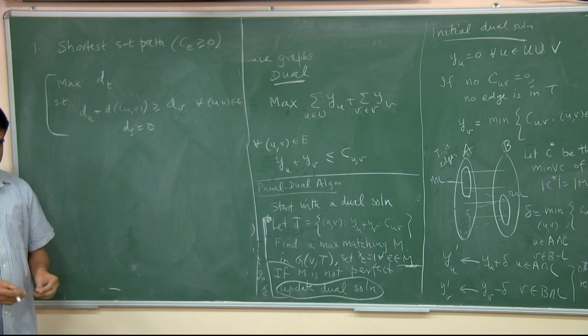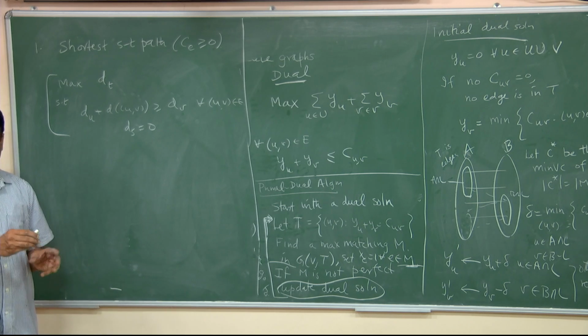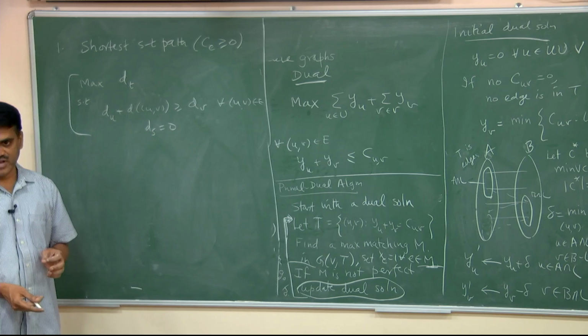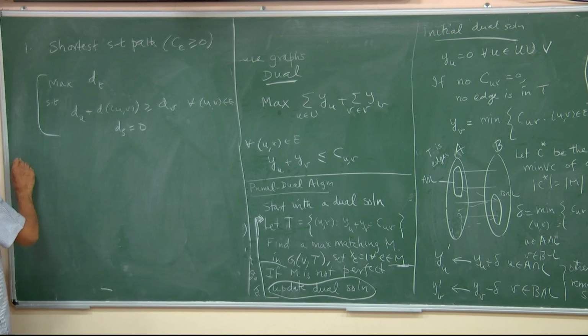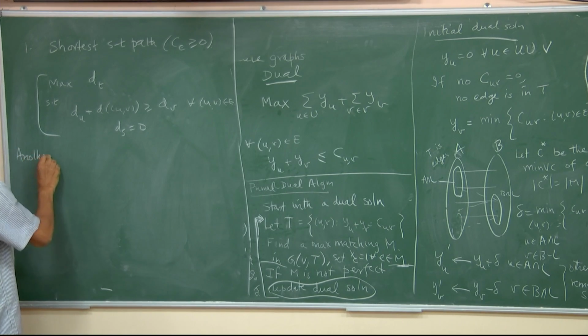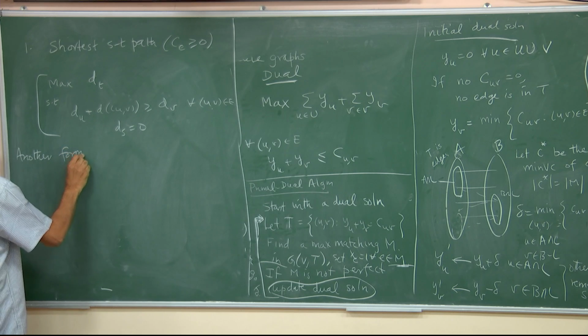Here I care only about the ST path. So you want to say that for every ST cut, at least one edge comes out of it. Right? So another formulation.